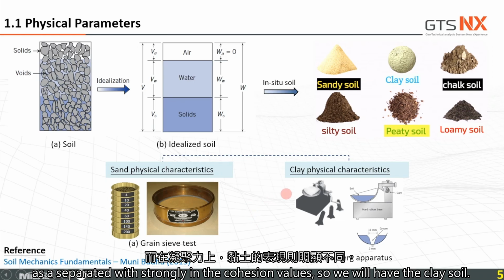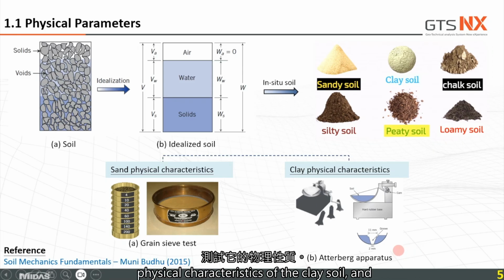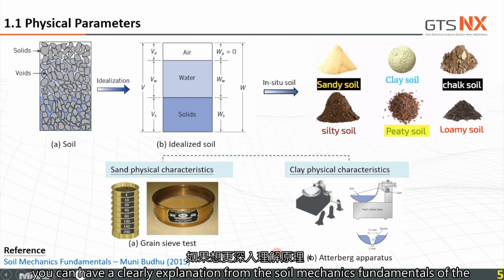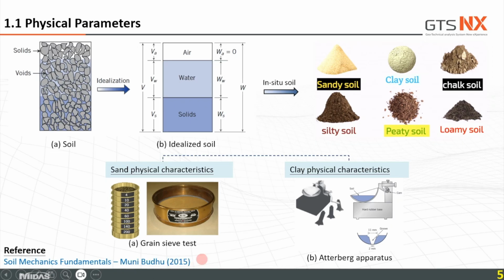So we have the clay soil. For the clay soils, we use the apparatus to investigate the physical characteristics of the clay soil, and you can find a clear explanation in Soil Mechanics Fundamentals by Professor Mooney, 2015, for reference.